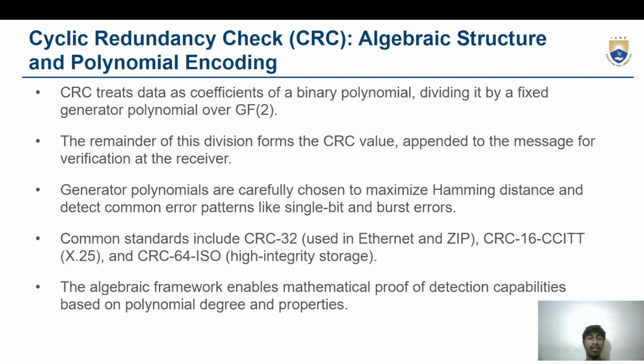Generator polynomials are carefully chosen to maximize Hamming distance and detect common error patterns like single-bit and burst errors. Common standards include CRC-32 used in Ethernet and ZIP, CRC-16 CCITT in X.25, and CRC-64 ISO for high-integrity storage. The algebraic framework enables mathematical proof of detection capabilities based on polynomial degree and properties.